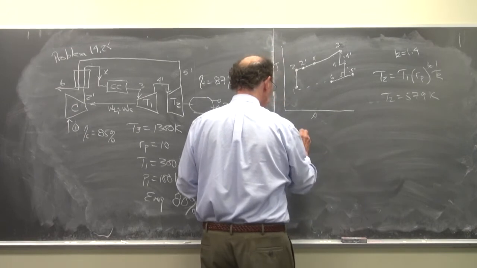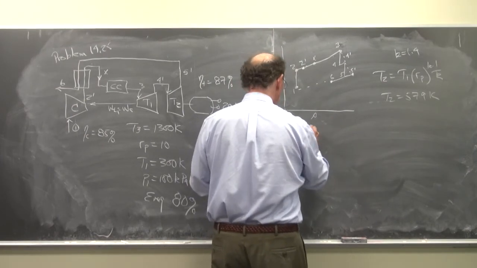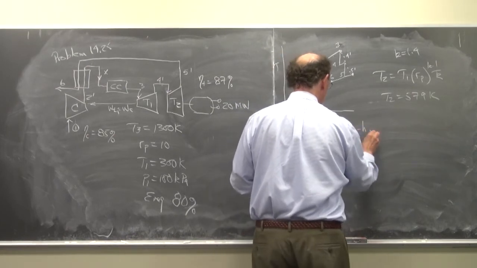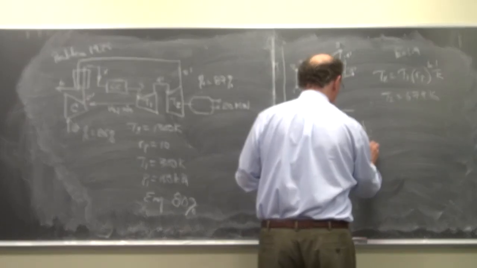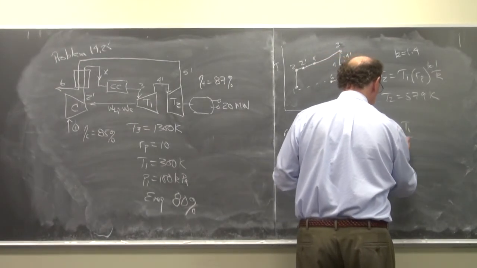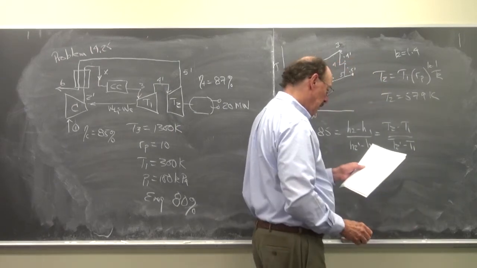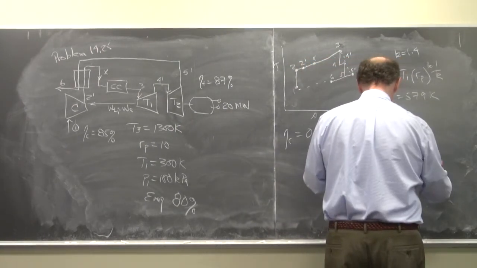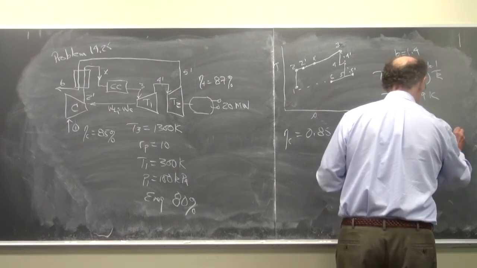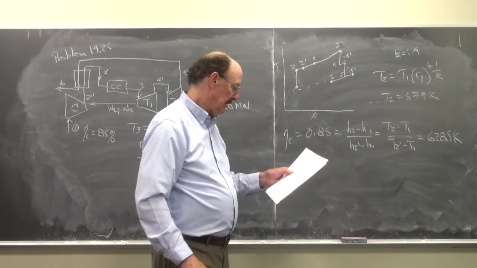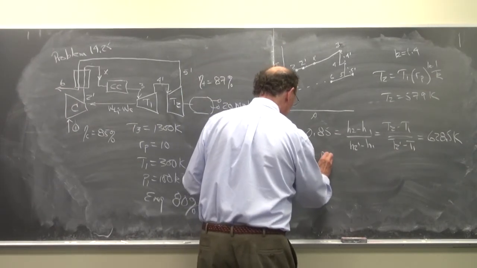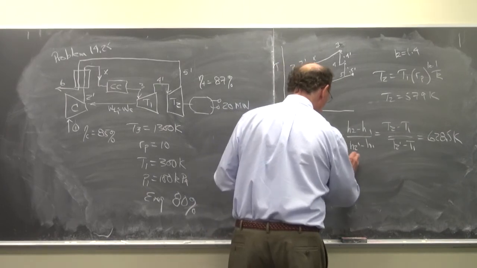And eta sub C is equal to 0.85 is equal to H2 minus H1 over H2 prime minus H1 is equal to T2 minus T1 over T2 prime minus T1. And with that, we come up with T2 prime to 628.5 degrees K. So I know what T2 prime is. P2 prime is equal to P2 is equal to 1,000 kPa.